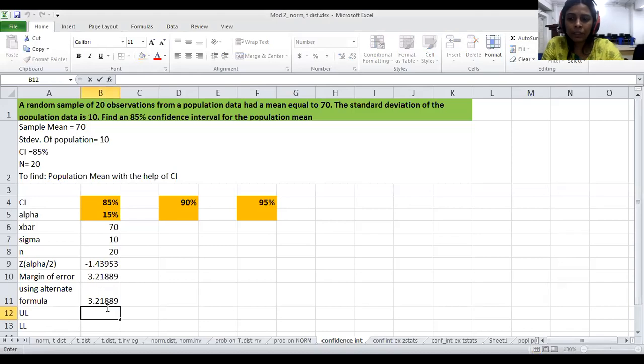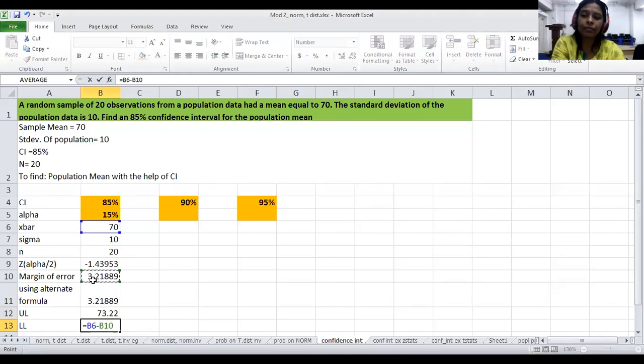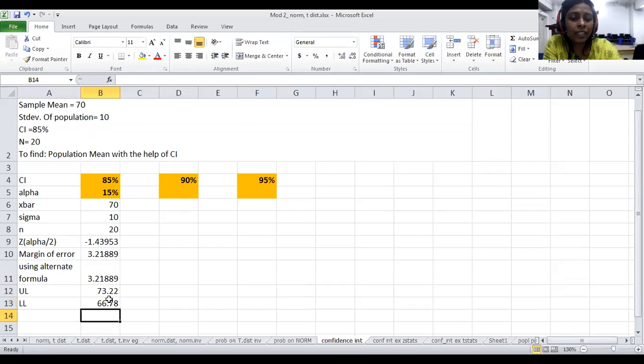So here equal to just X bar plus your margin of error. So you'll get your upper limit. So upper limit is X bar plus your margin of error. Lower limit is X bar minus your margin of error. So you should get 73.22 as your upper limit and 66.78 as your lower limit. Getting it, everyone?